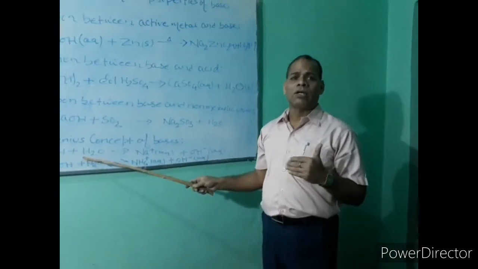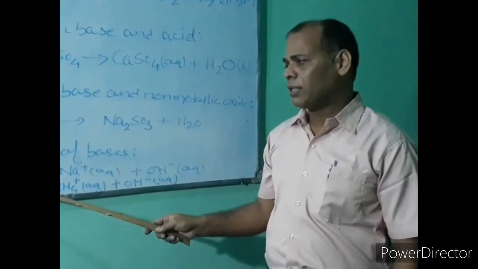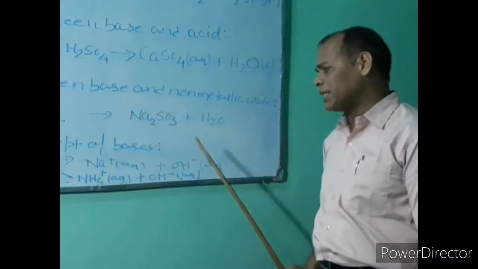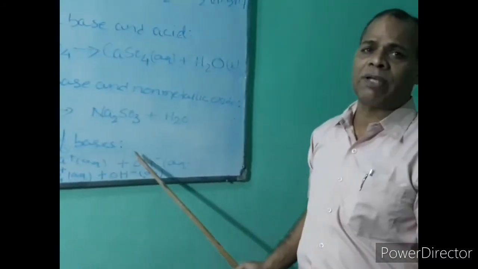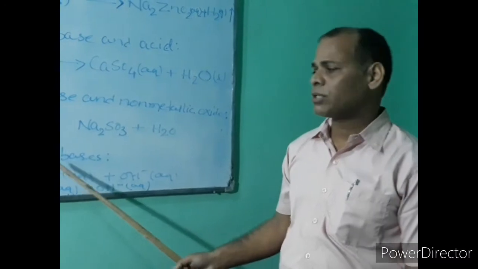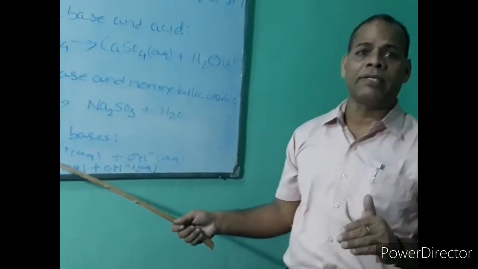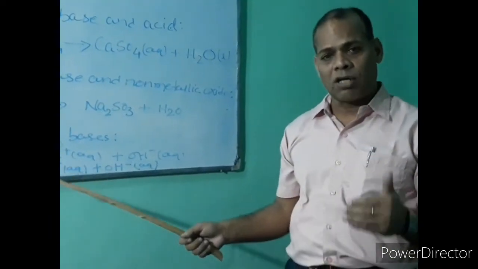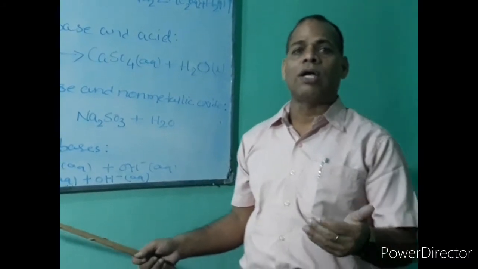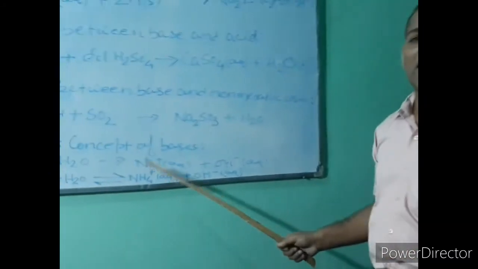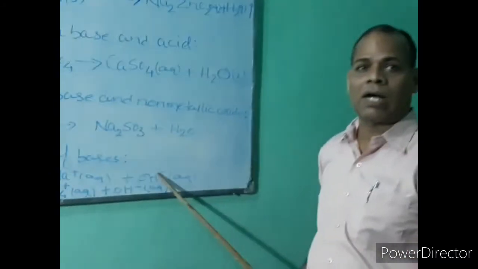For example, sodium hydroxide and potassium hydroxide are strong bases, and a strong base also acts as a strong electrolyte because a large number of ions are present.